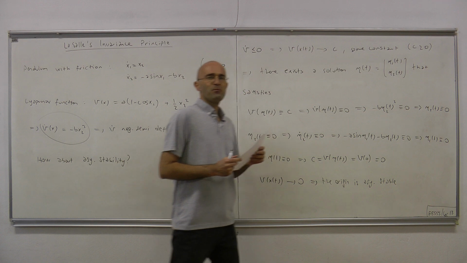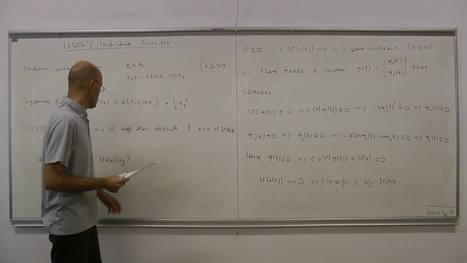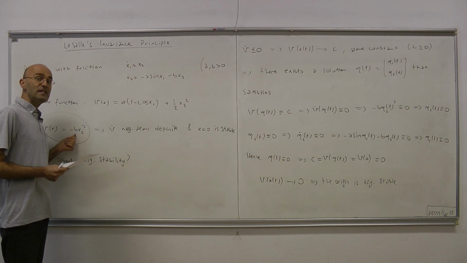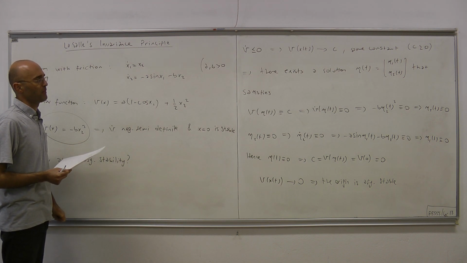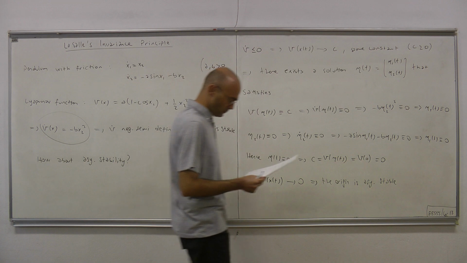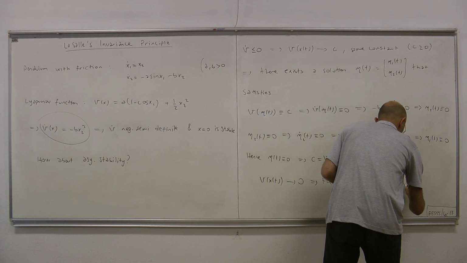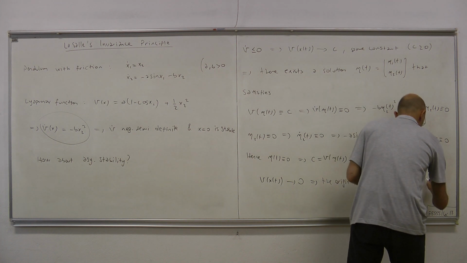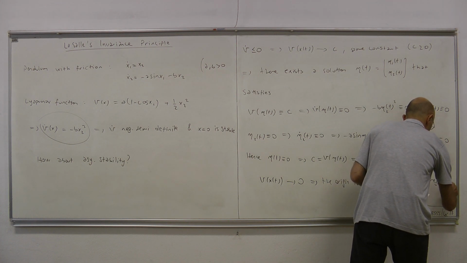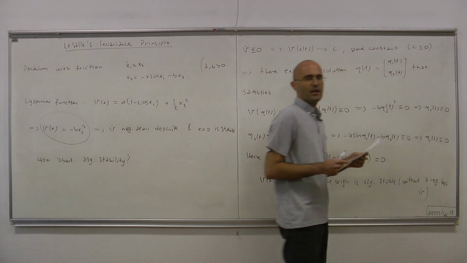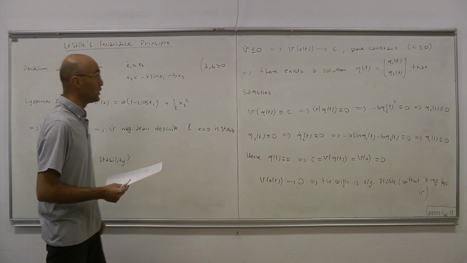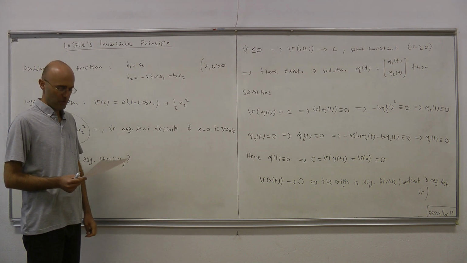Now that we have established asymptotic stability with only a negative semi-definite, not negative definite, V dot, without a negative definite V dot, that's the very powerfulness of LaSalle's invariance principle.